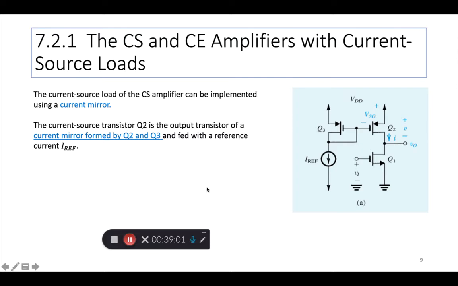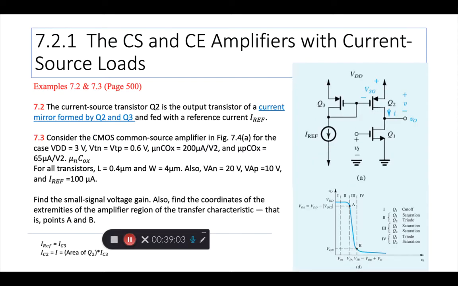So more details on current mirrors later. There are a couple of problems. There's actually a good example in the textbook on page 500, which we'll look at next time. And it's a lot more complicated to understand, right? The current mirror has all these things happening. So for the transfer function Vo to Vi, you have to keep considering these different transistors, particularly Q1 and Q2.